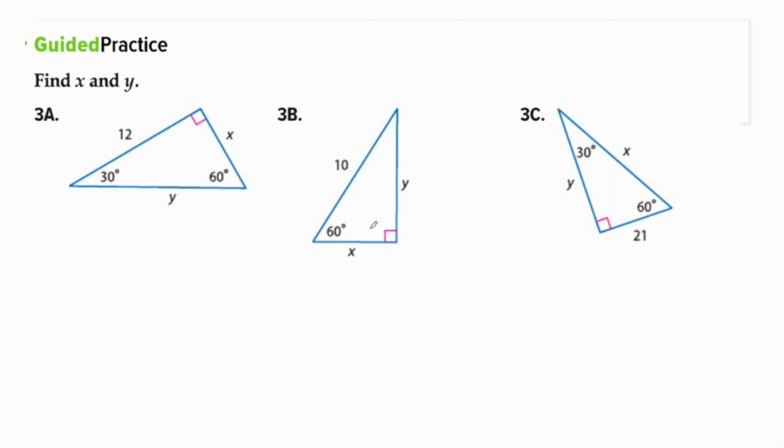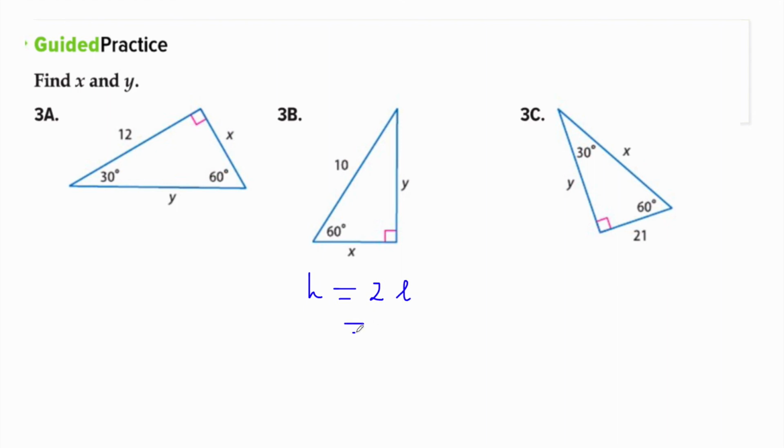Now let's try B. Even in B, we still apply the same rule. We are given the h this time. We are looking for our length and our x. So we will say h is what? 2 times our length.